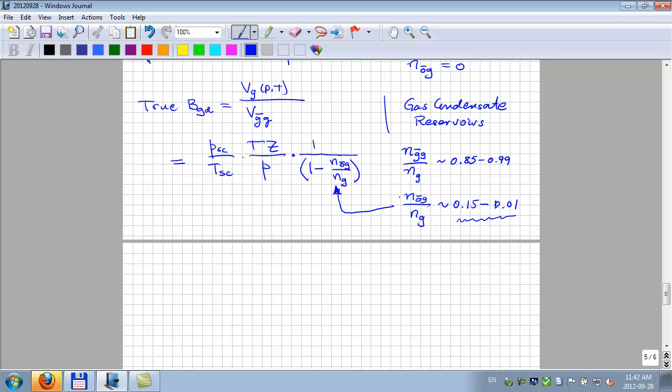And by the way, this number here can be approximated as, if you have gas compositional analysis, if you take all of the components C6 plus, or maybe C5 plus, if you take the mole fraction of what is C5 and heavier or C6 and heavier, whatever that number is, that is a very good approximation of this ratio.